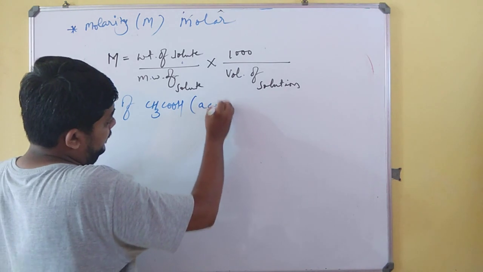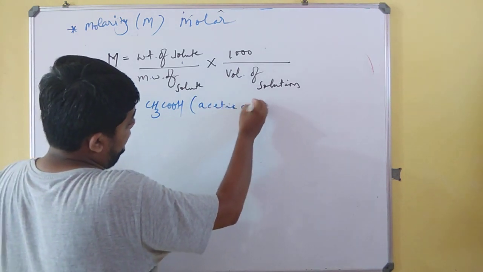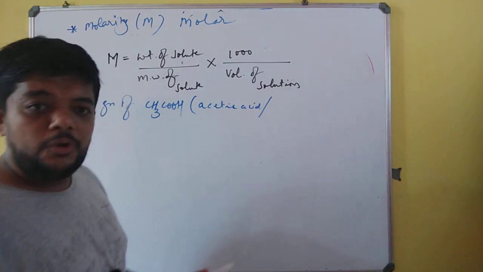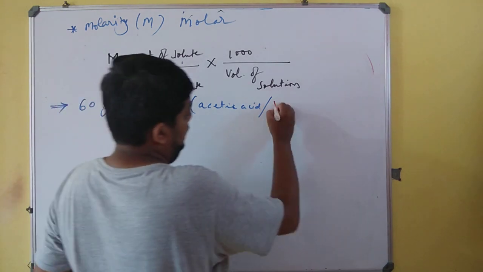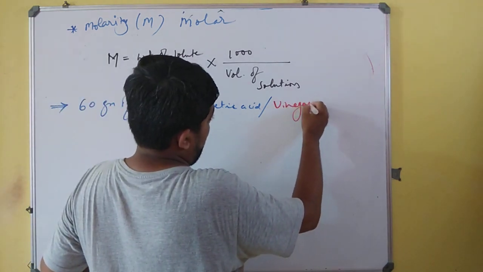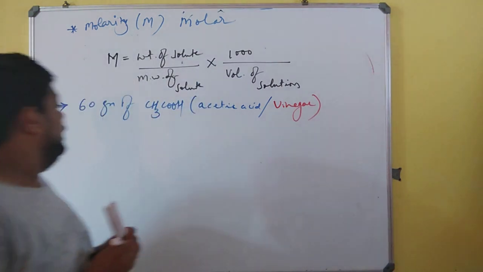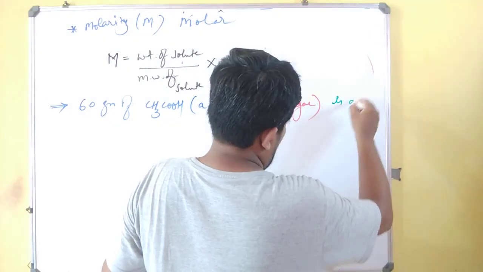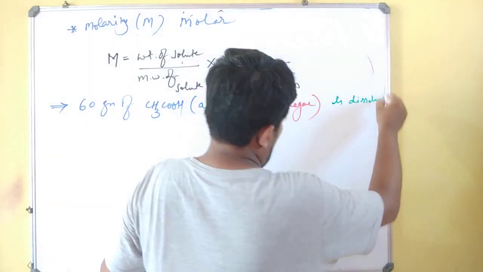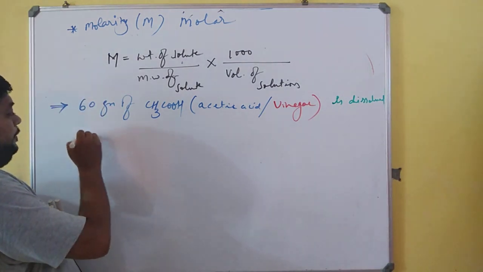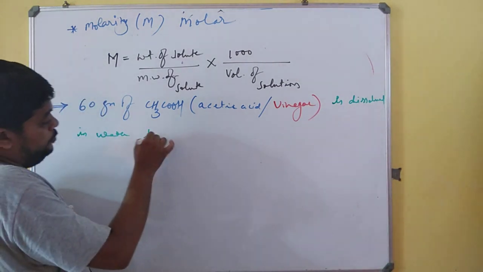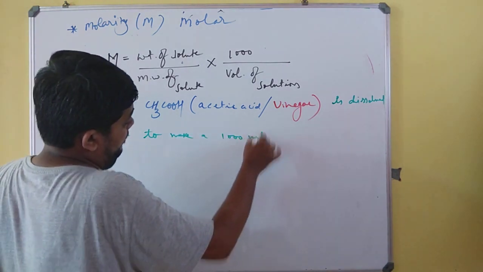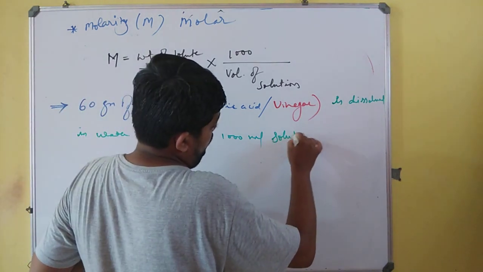A very mild solution of acetic acid is popularly known as vinegar. 60 gram of acetic acid is dissolved in water to make a 1000 ml solution.